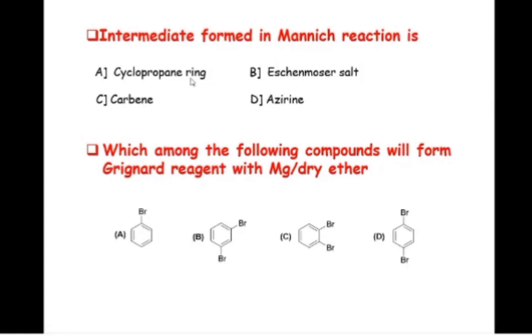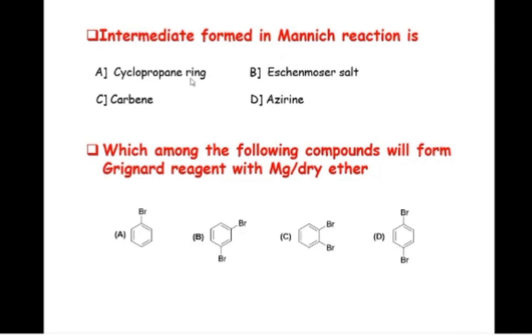If this question is for 1 mark, then within 1 minute you have to solve this question. Now see, as we have studied how to make Grignard reagent, you can take any alkyl halide or aryl halide, treat it with magnesium in presence of dry ether, you will get oxidative insertion of magnesium and formation of RMgX.